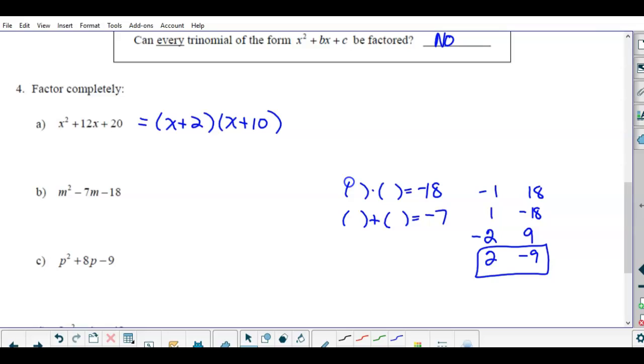Okay? You could do 3 and 6, but that wouldn't add to negative 7. So we're done here. And so in our bracket, we're dealing with m's. So m goes first, and then one of them's a positive 2, and one of them's a negative 9. So subtract 9.